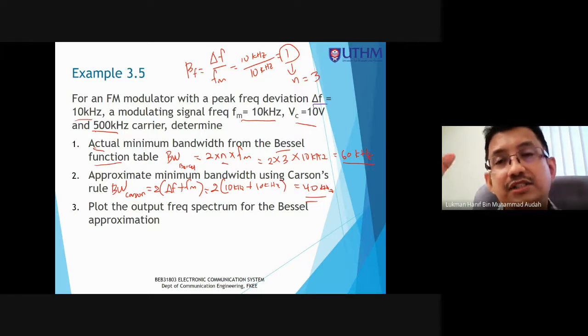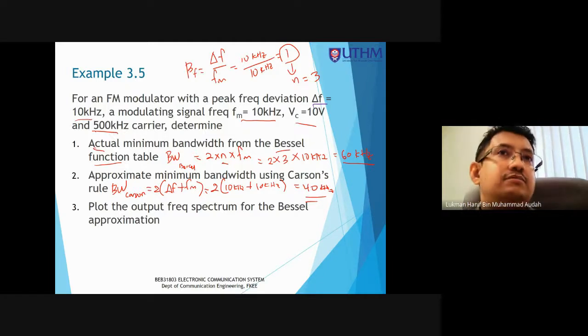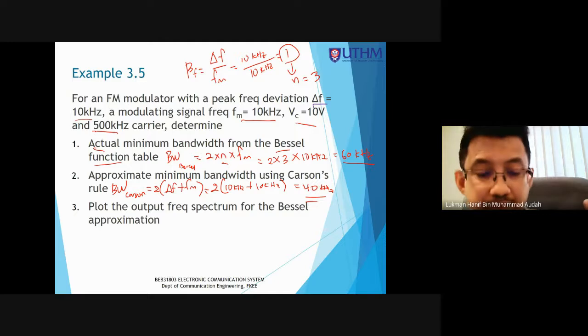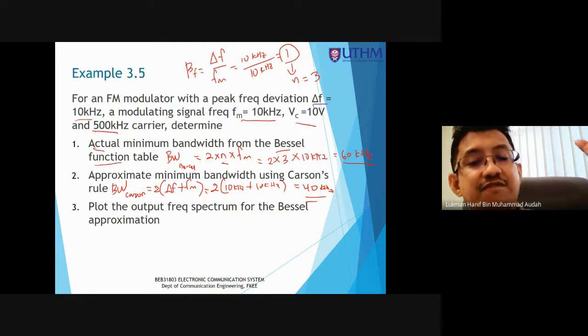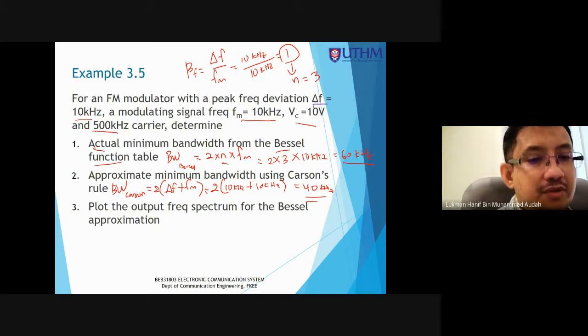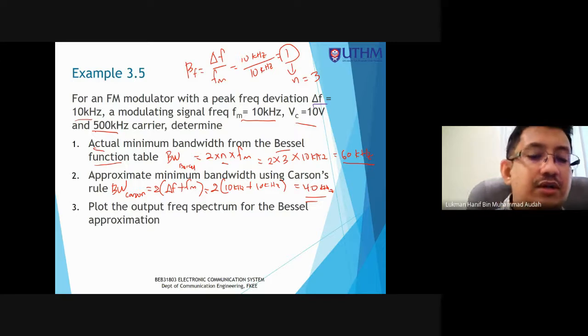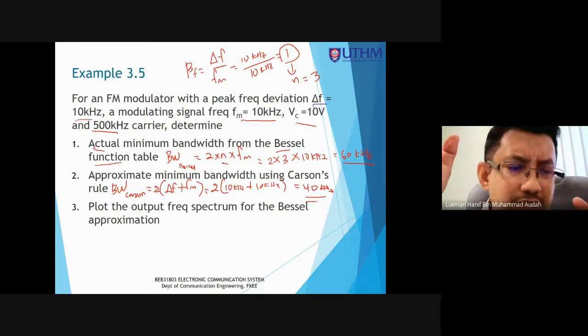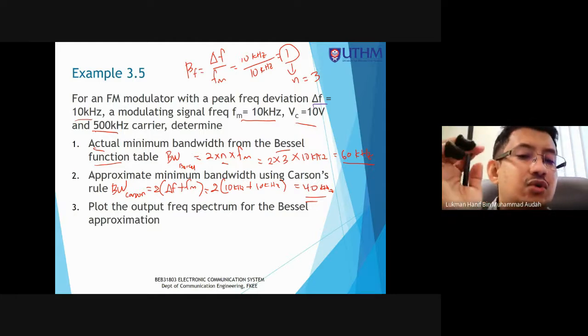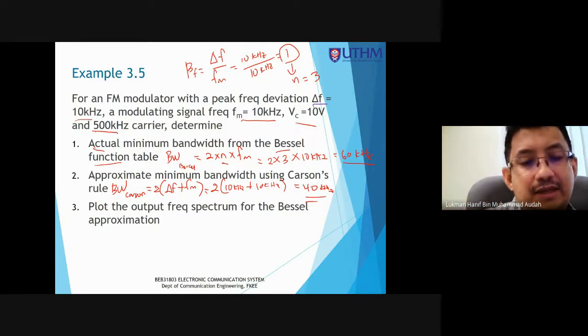That means you need to plot J versus F. If the question asks plot amplitude spectrum, that means you need to plot V versus F. Okay. So katalah ini adalah V versus F, because this is not saying whether this is amplitude or a relative amplitude. So dalam example ini, katalah kita nak mencari amplitude spectrum.